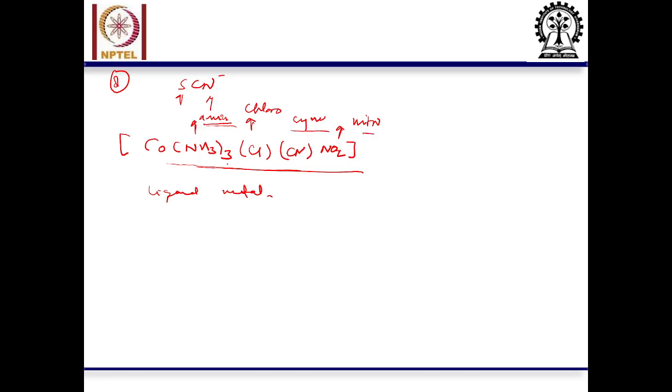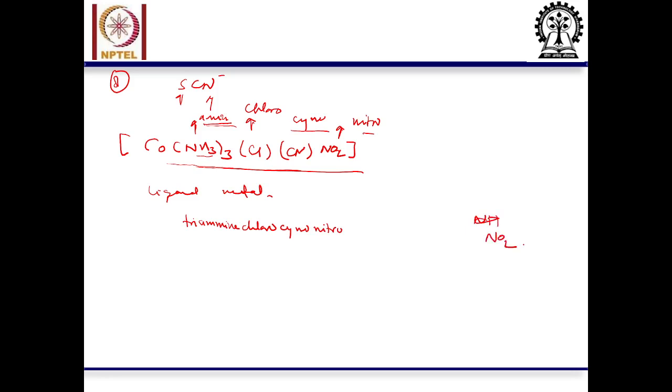There are 3 of these. In these ligands we can't see any di or tri, so we use the terms di, tri, tetra like that. So this is triammine, then chloro, then cyano. The main problem is here, this is nitro. So there are two things.